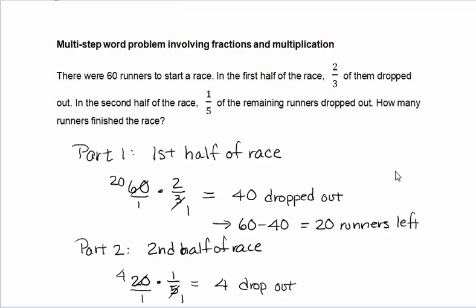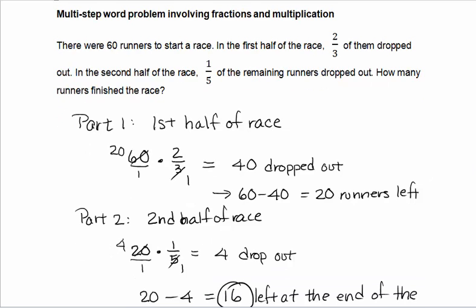So if we go back to the correct way of doing it, we're not distributing the 2/3 and the 1/5 over to the total of 60. This is 60, my first whole. This is the whole number, right? For the first part.